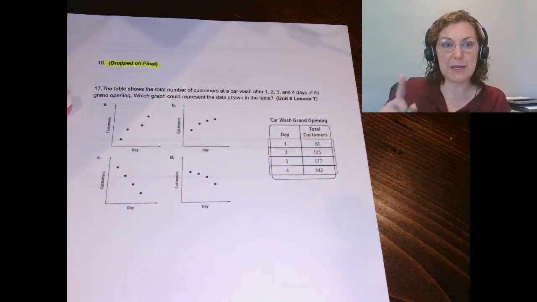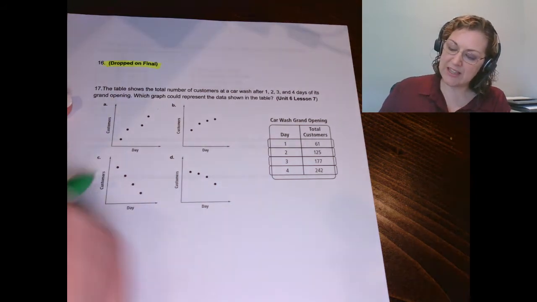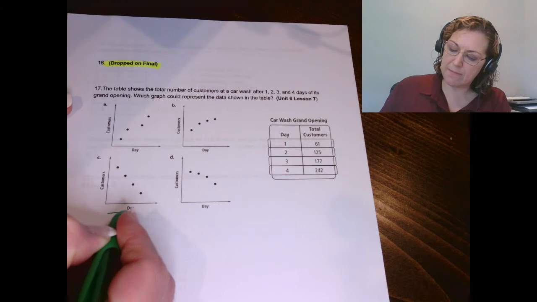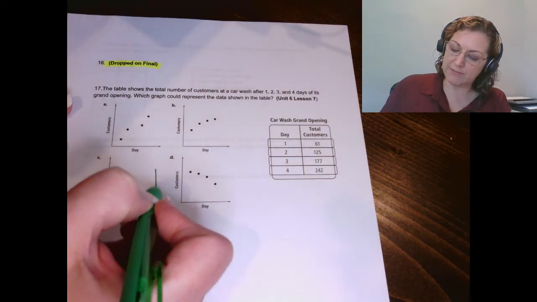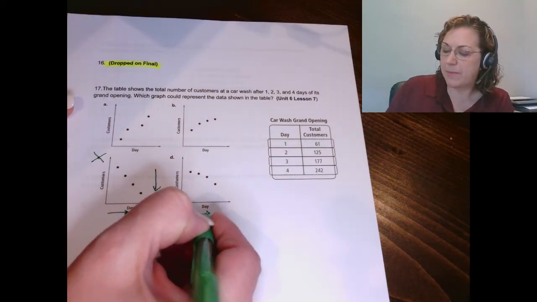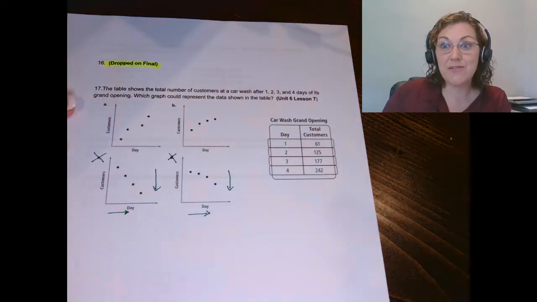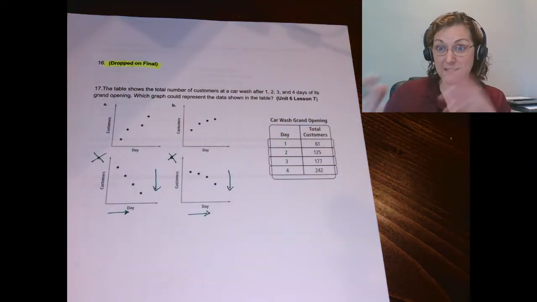Okay, so think about that. Because when you see this, the days go up and the customers are going down. C won't work. The days go up, the customers come down. D won't work. Folks, I'm in a 50-50 guess if I have to.